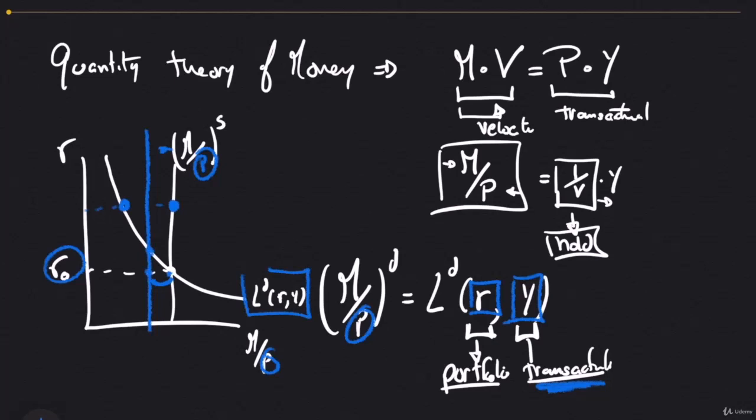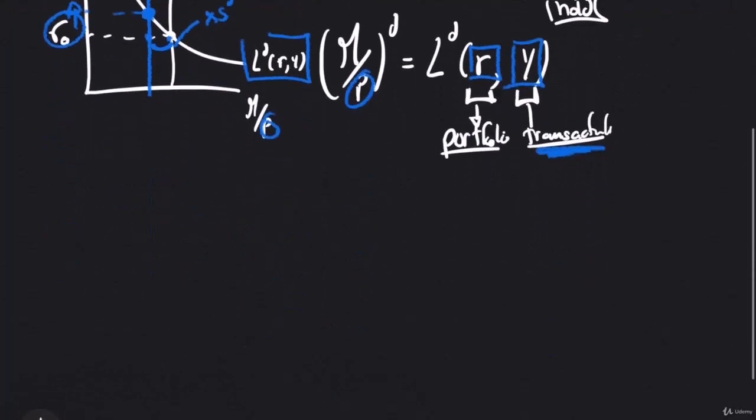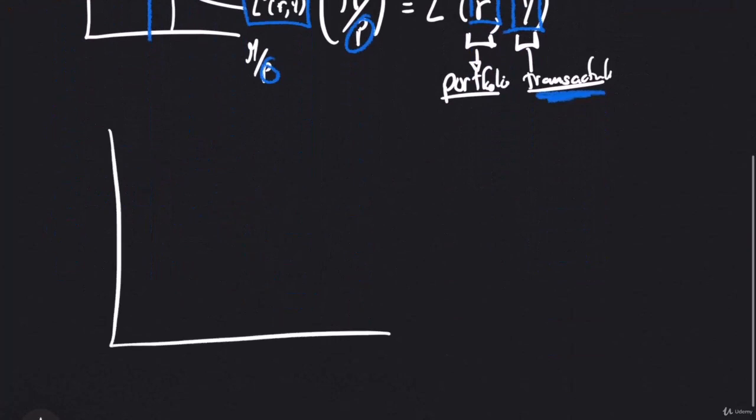It's going to be an excess demand. And the only way to clear that excess demand is to increase the interest rates until there's a new equilibrium. So with that in mind, I'm going to draw what is the relationship between interest rates and income.